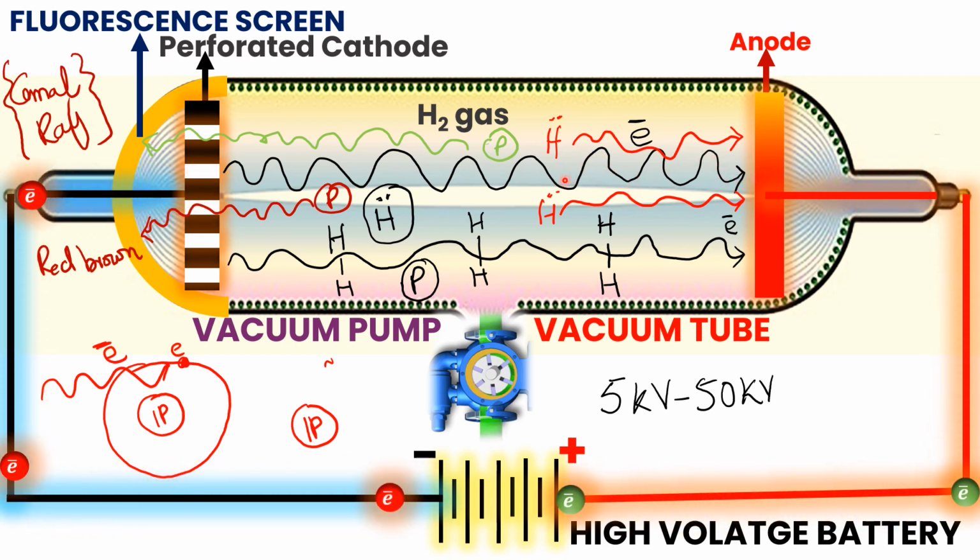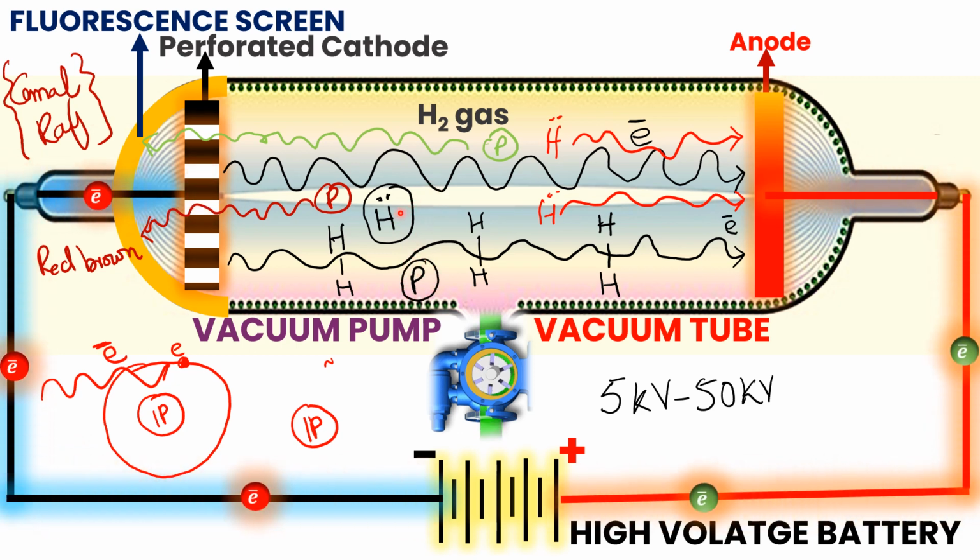However, in the way, these cathode rays interact with hydrogen molecules, and the hydrogen molecule splits into a negative hydrogen ion with two electrons as well as the nucleus of the hydrogen atom, which was a proton.